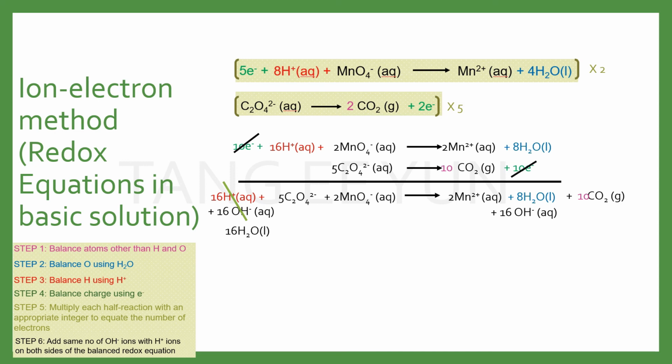On the reactant side, 16 moles of water, and on the product side, 8 moles of water. So here we can cancel out water to give us 8 moles of water remaining on the reactant side. This then gives us the overall redox equation in basic solution.